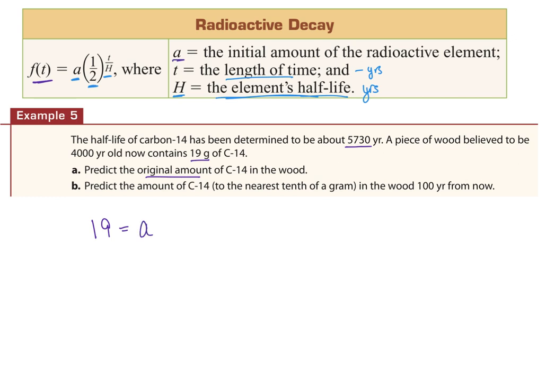And then we always know my base, and they have told me the time. 4,000 years old, that is the time. And then they've also given me the half-life, 5,730. And so if I were solving for A, I would divide by this whole group, 1/2 to the 4,000 divided by 5,730. And I would divide both sides by that.